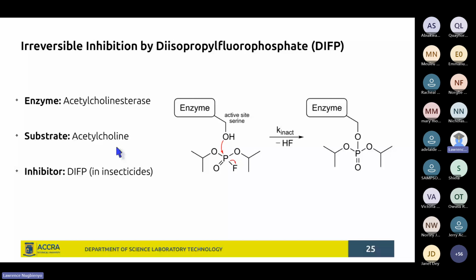So if you have an inhibition of acetylcholine esterase, the process of contraction and relaxation will not be going on, and that results in a paralytic effect. So the insecticide usually is a nerve agent that causes paralysis in the insect. So the insect is not able to move.